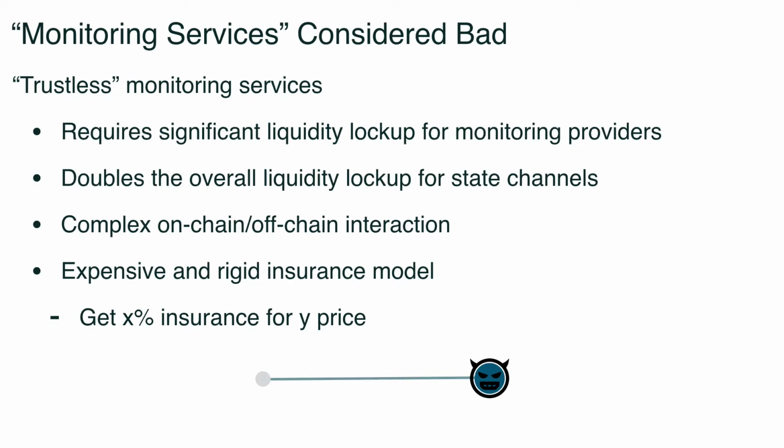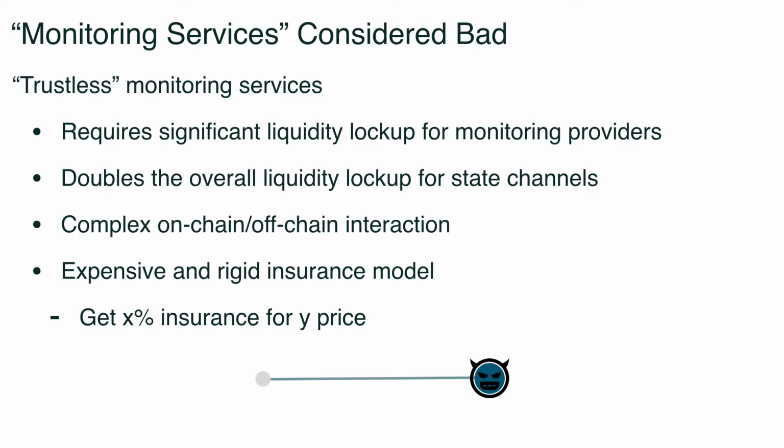Right? So this is possible to implement in a trust-free way, but it's also bad because, first of all, it requires significant liquidity lockup for the monitoring services as well. Therefore, it doubles the overall liquidity lockup for this kind of state channel network, and it has very complex on-chain and off-chain interactions, if you're letting the monitor guard your state with complicated back-and-forth interaction.